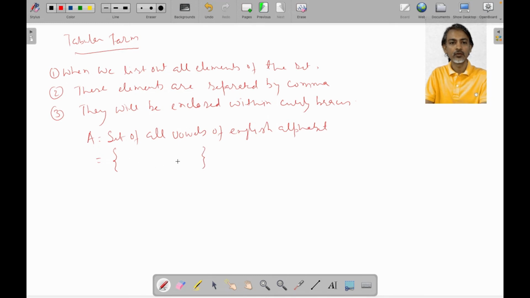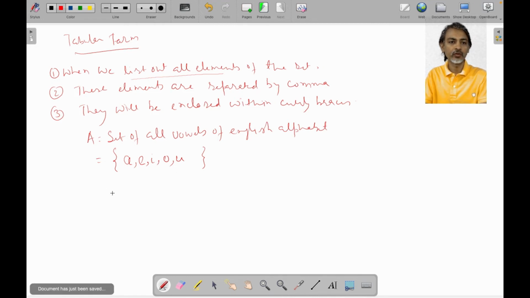This is how we will start the set and end it, and then we will write the elements: a, e, i, o, u. These elements are written and separated by commas, and we have to list out all elements. We have listed out all the elements and have not left out any. There are only 5 vowels available, and we have written all the elements of the set.